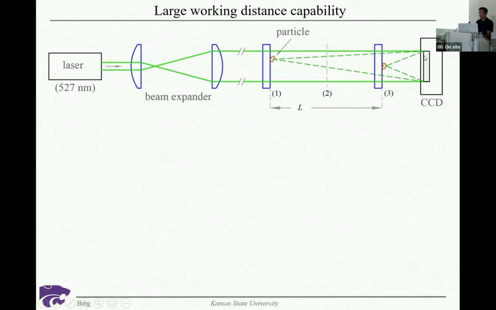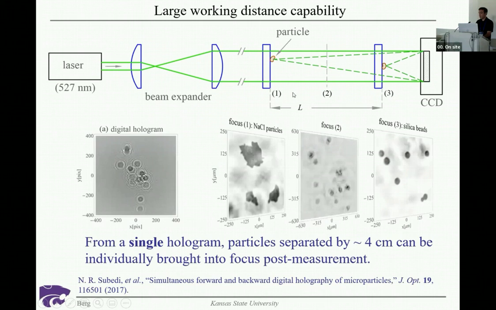They both scatter to form a single hologram on your sensor over here, and just by changing the location of the plane, you bring particles on glass window number 1 into focus here, or window number 3 into focus here. And this is all coming from a single hologram exposure.